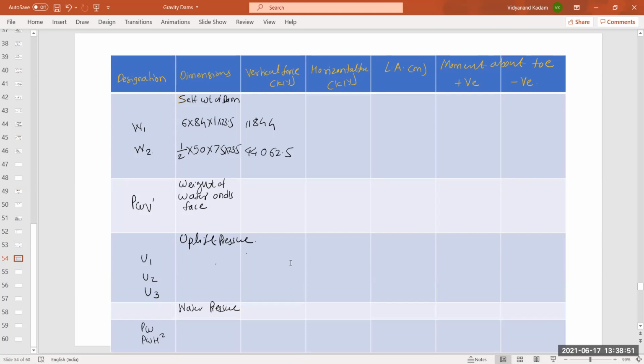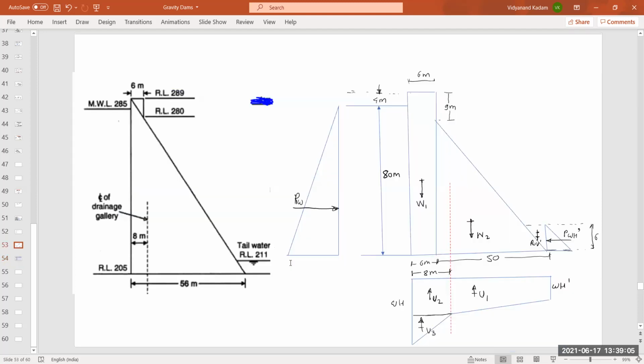After that, calculate weight of water on downstream face. So we have to take the area of the triangle. In the given problem, this height is 6 meter and this is 4 meter.